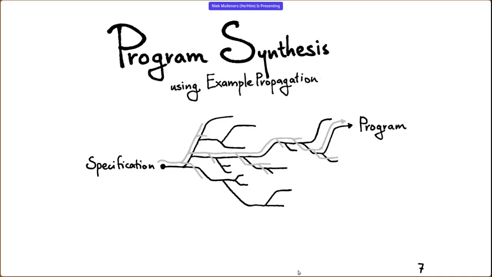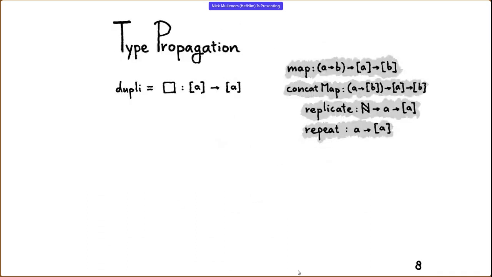So let's go back to our running example, dupli, and first look at just types, because type propagation is a good way to introduce example propagation afterwards. Dupli has a type list of A to list of A, and we might have a context with map, concat map, replicate, and repeat in scope. Map we've already seen.